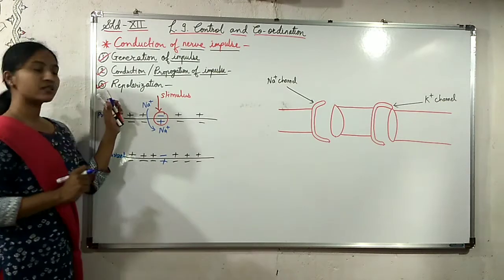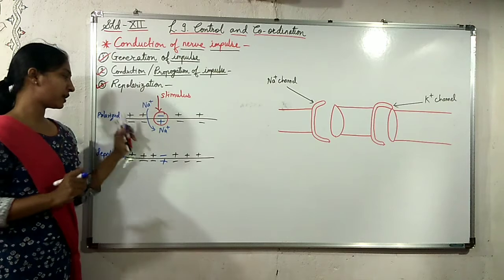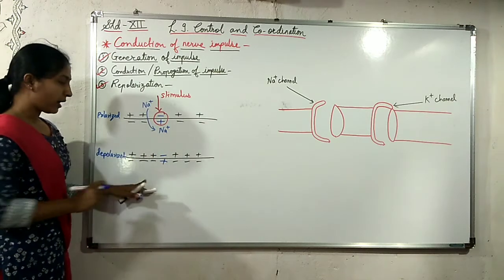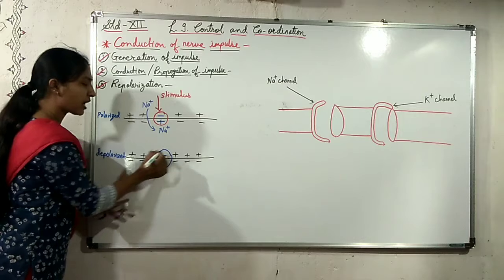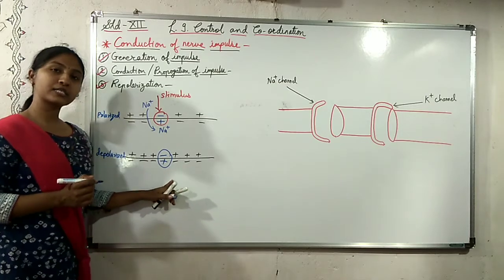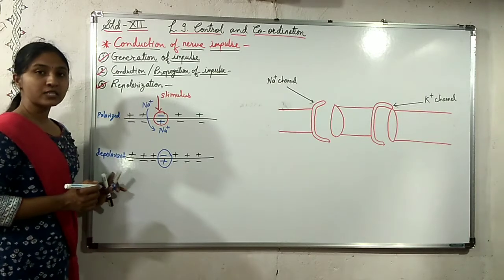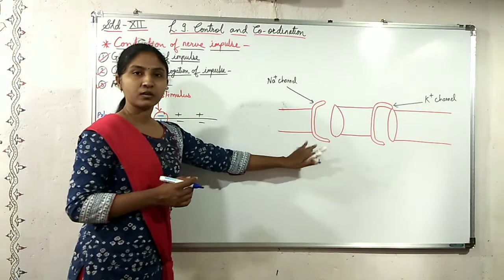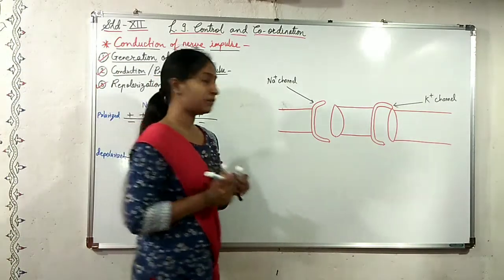When the outer side was electropositive and the inner side electronegative, it was a polarized membrane. When the charges changed at a point, it is said to be a depolarized membrane. Now how this happens, we will see in this diagrammatic representation.